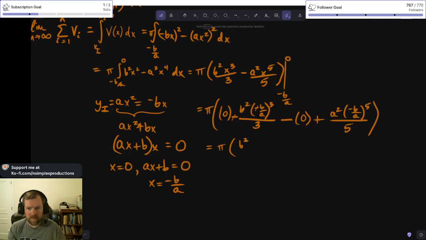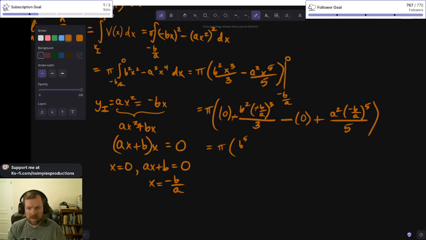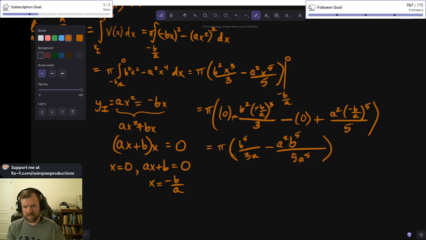So that's going to be b to the fifth power over 3a plus, that is a negative, a squared b to the fifth over 5 a to the fifth.